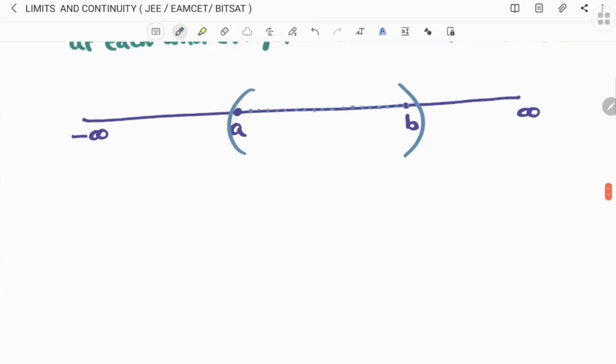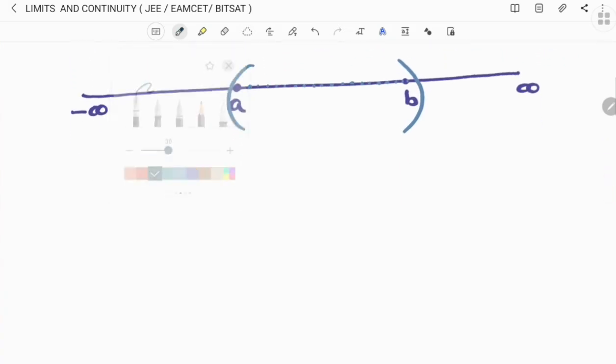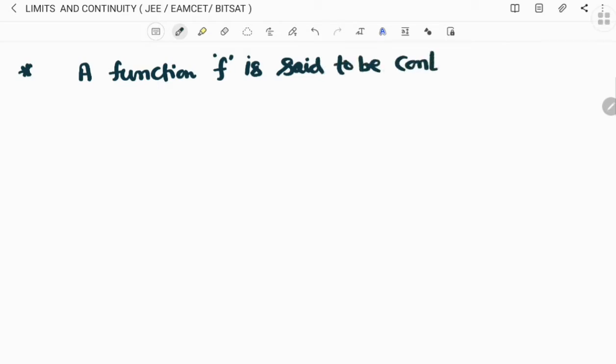In case of closed interval, what is the definition? How to define? A function f is said to be continuous in closed interval of a comma b if certain points hold.